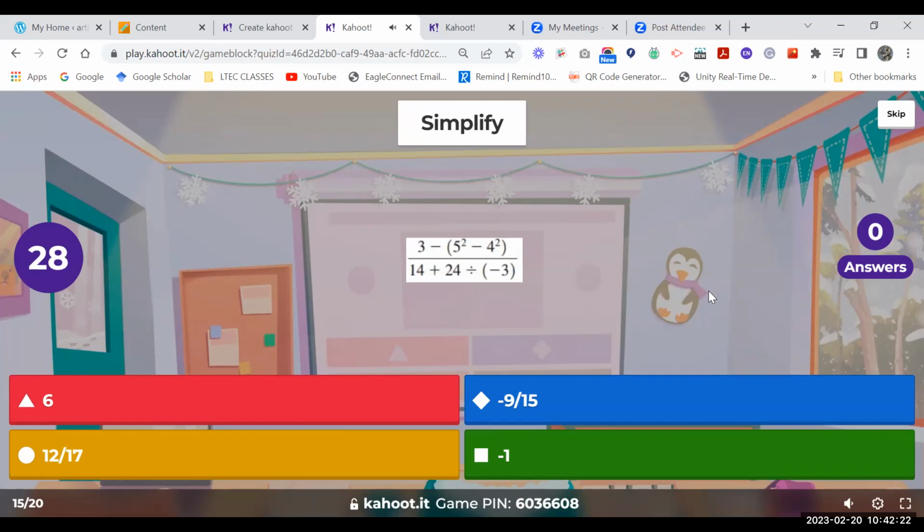Then Wednesday, we'll just spend a lot of time doing division problems. And negatives.